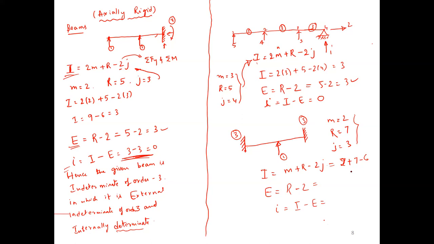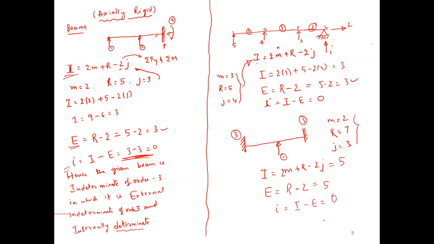So total, how much? 2m. Yes, 2m, for beams 2m. Yes, 2m plus r. How much? 5. This is 0. Okay.